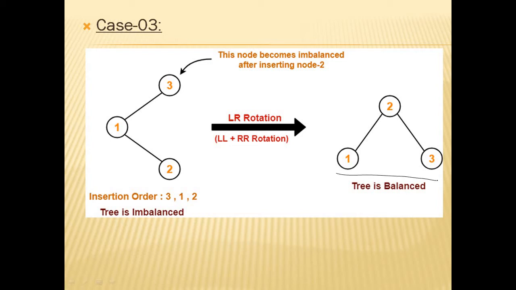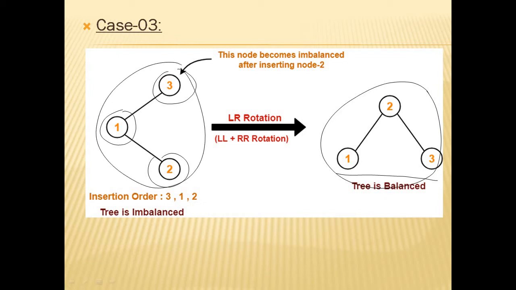So simply, whatever root we consider will come to the right side, whatever element is on the left side will remain on the left side itself, and the root's right side element will become the root element. So 3 1 2 is what I had, and we got 2 1 3. We should keep in mind this diagram.